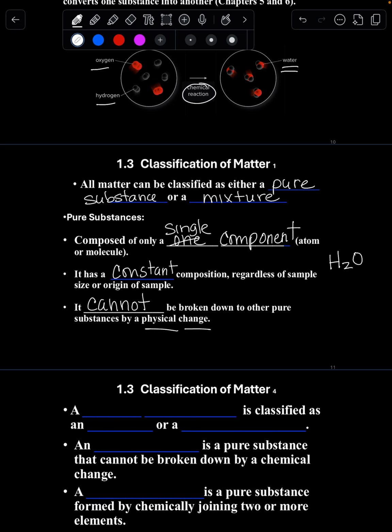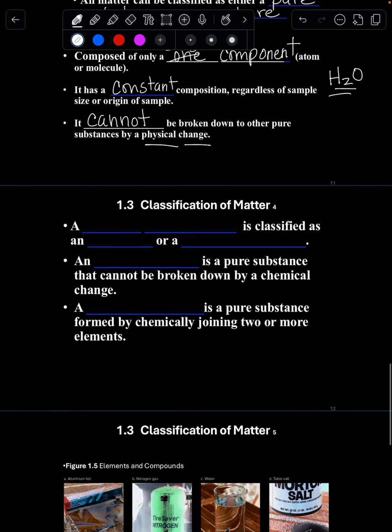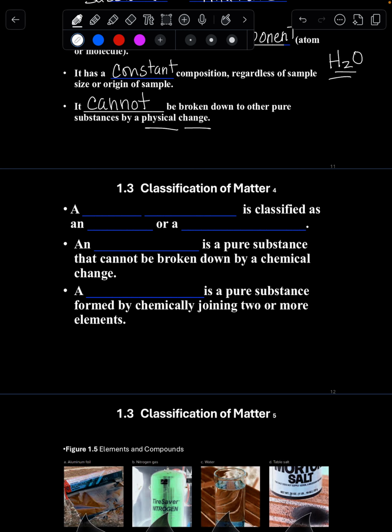Because water cannot be broken down into its parts through physical means, it is a pure substance. We can further classify pure substances into 2 other categories. A pure substance is classified as either an element or a compound.